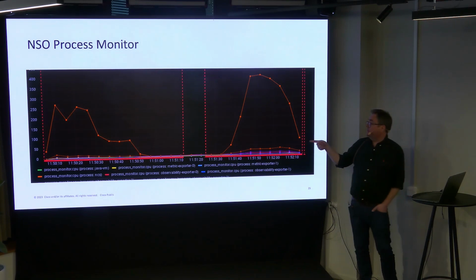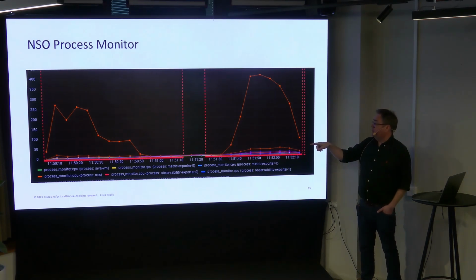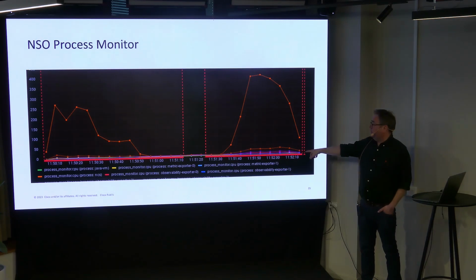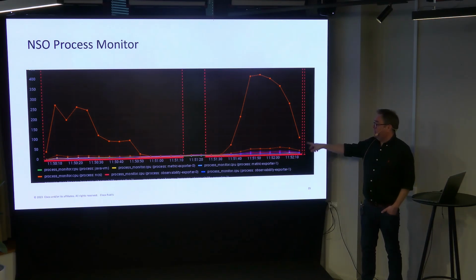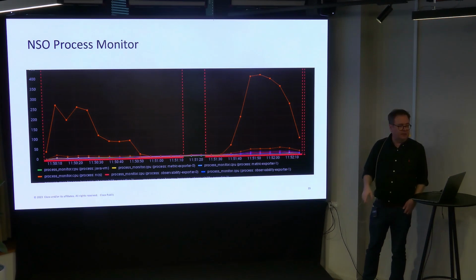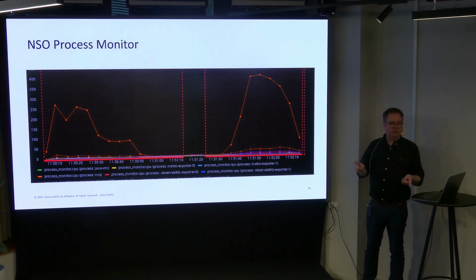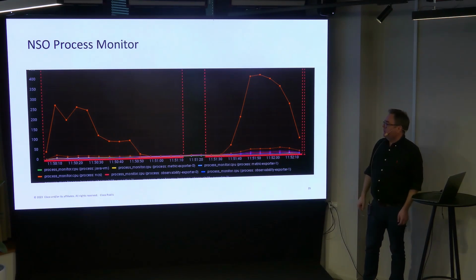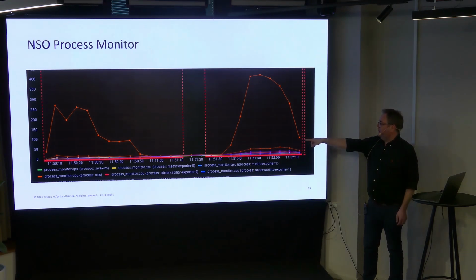We also have this, the CPU usage. We add these event markers in Grafana to mark when we are doing things. The first span there is the create, and then we have the delete here.